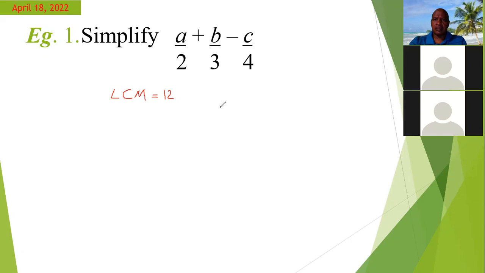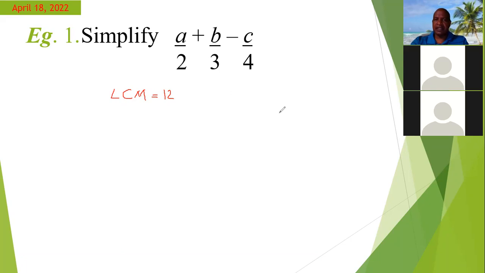Sir, numbers that smaller numbers can be divided into without a remainder. Exactly. So any number the set of numbers can go into without a remainder. The set of numbers that you're finding the LCM of here will be 2, 3, and 4. So the lowest number that these numbers in the set can go into without a remainder, that's your LCM. Just a reminder, so that you have it clear in your mind.